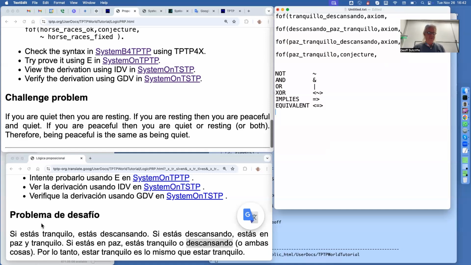So we can take the first one. If you are quiet, then you are resting. Okay. Now, a very nice question came here. What word should you use? Quiet, resting, you are resting. The computer doesn't care. You can put A, B, C, D. He doesn't know what peaceful is. He doesn't know what resting is. But I like to use meaningful things because it's easy for me to understand.